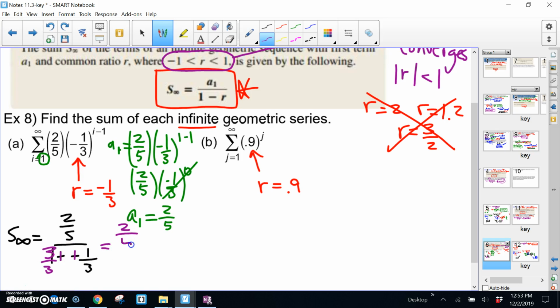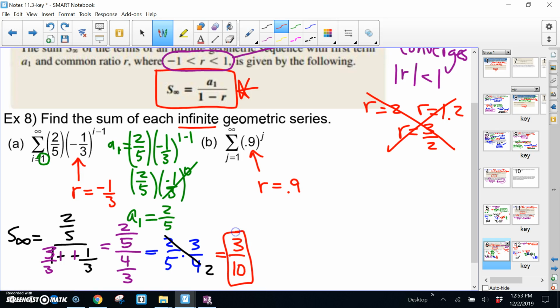I'm going to see 2/5 over 4/3. We're dividing fractions, so we multiply by the reciprocal. That's 2/5 times 3/4. And I can cancel. 2 goes into 4 twice. It's going to give me 3/10. I think it's interesting that you can add up an infinite number of terms, and it adds up to 3/10.